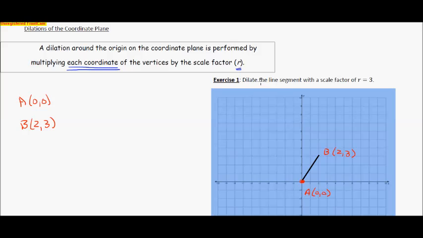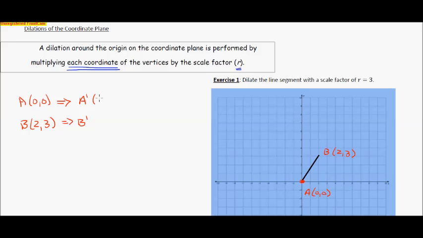And the question asks us to dilate the line segment with a scale factor of R equals 3. Well, if I just follow my directions right up here in the box, it says you take each of the coordinates and multiply them by the scale factor. So I'm going to come up with an A prime and a B prime, and all I have to do is simply multiply each of these numbers by 3.